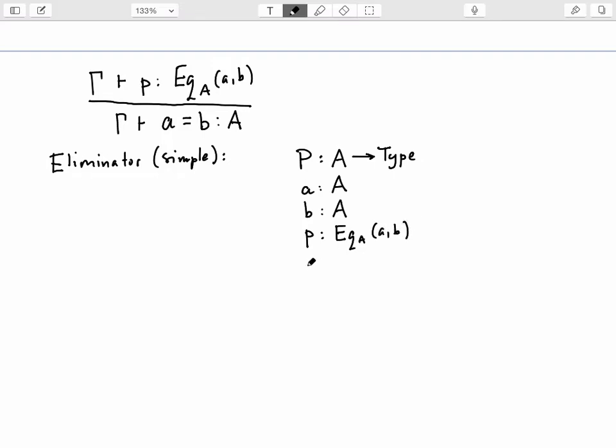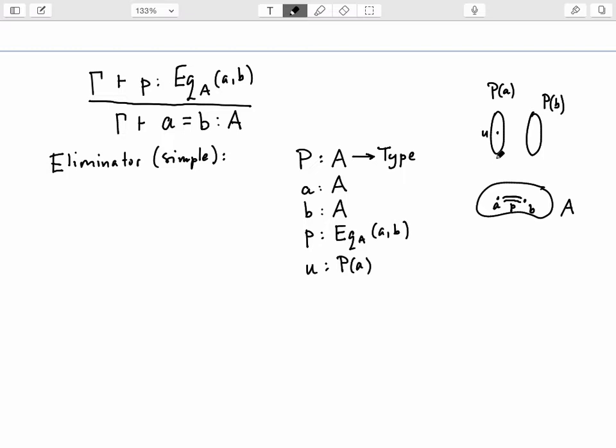And then I can get some u in P of a. So here's the picture. Here's A, here's little a, here's little b. These two are equal. Up here I have P of a, and inside of it I have u. Then up here I have P of b.